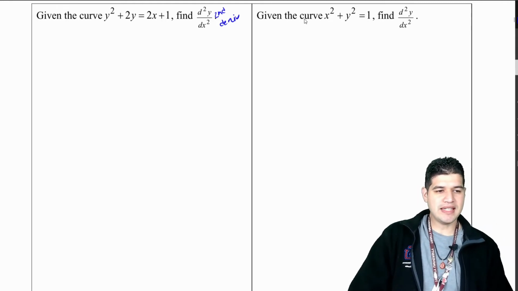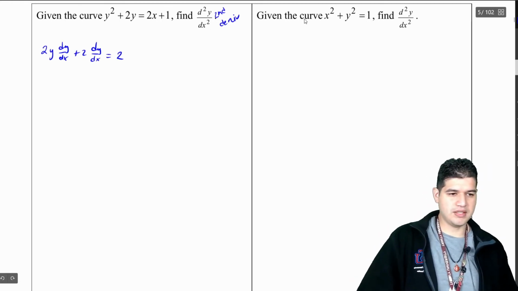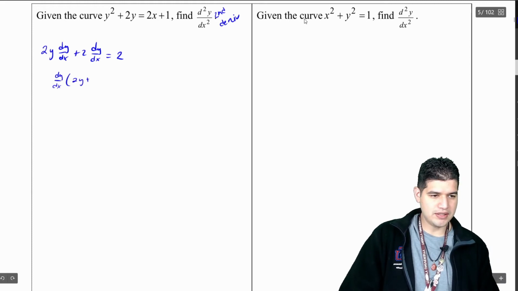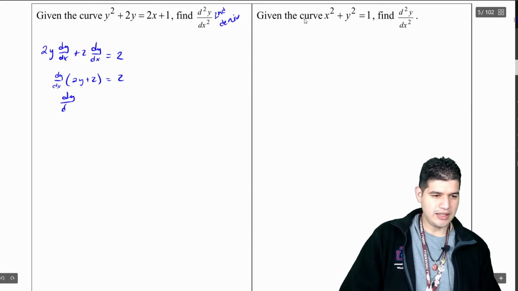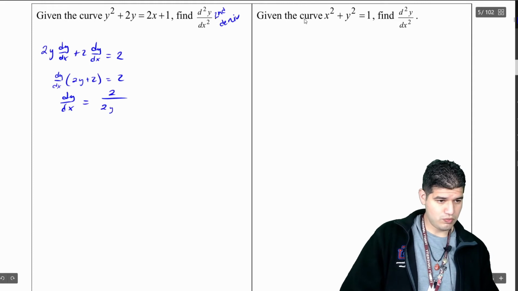So I'm going to take this derivative, so I'm going to get 2y dy/dx plus 2 dy/dx equals 2 plus 0. Fantastic. Okay, so let's see. dy/dx times (2y plus 2) equals 2, and then dy/dx equals 2 over 2y plus 2.